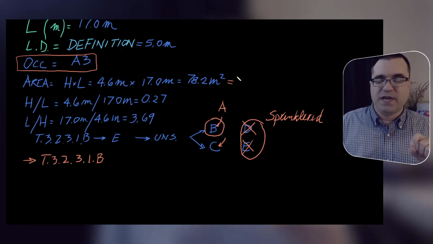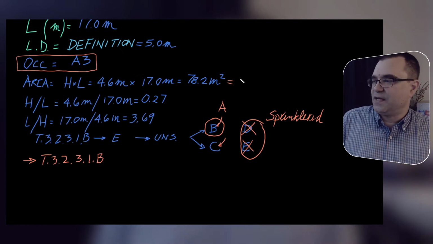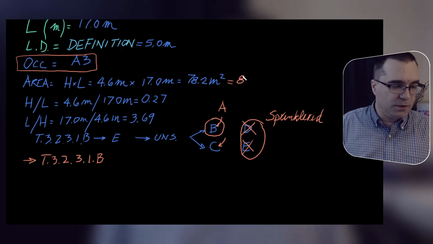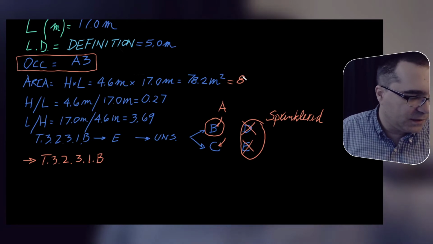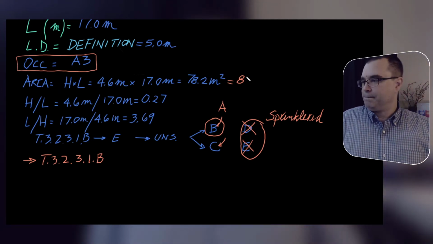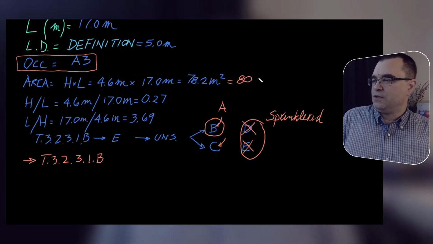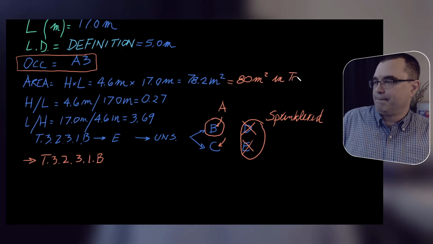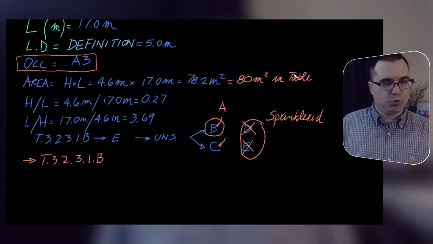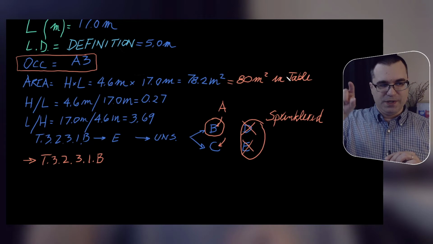So you can't bring it down to 60, you have to bring it up to the closest higher number. So we have to use 80 square meters in the table. Okay. So now we know that we have to use 80 as the row in the table.